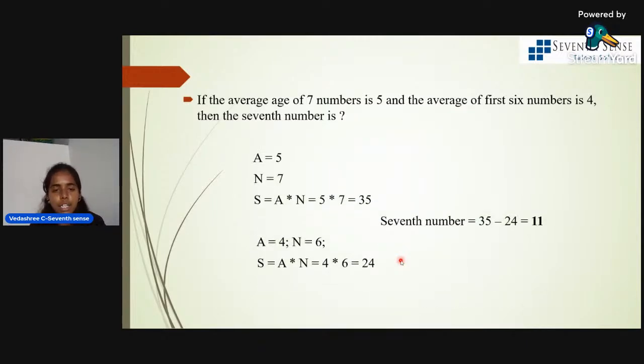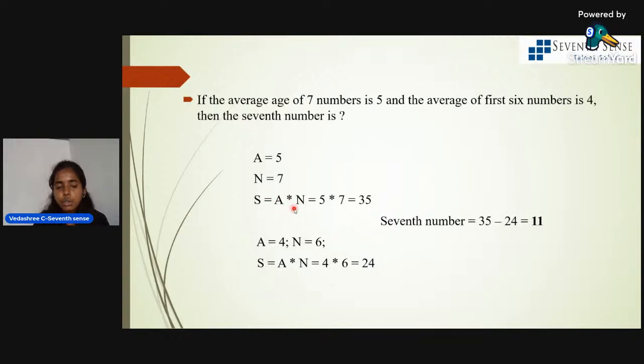So if the average of 7 numbers is 5, which is given, the average is 5, and the total number of values is 7. We know the formula to calculate the sum of all values, that is S is equal to A into N, right?